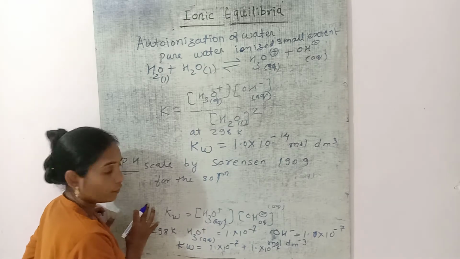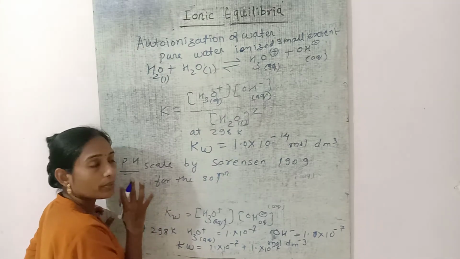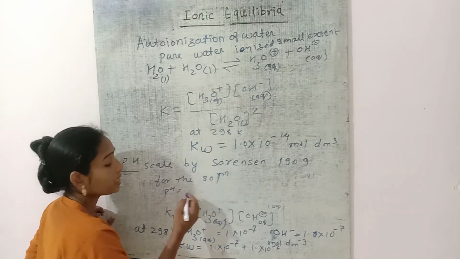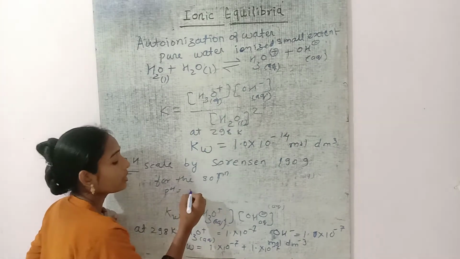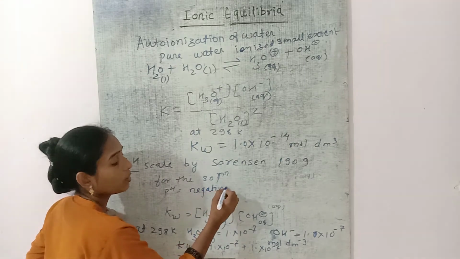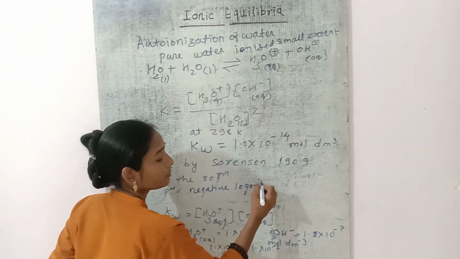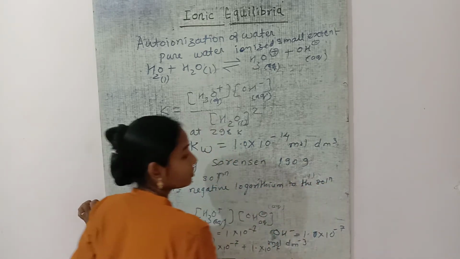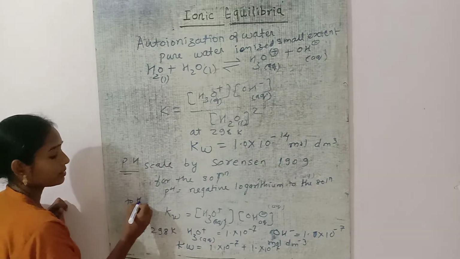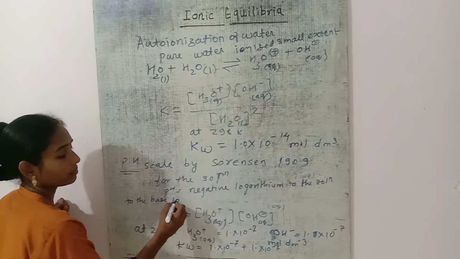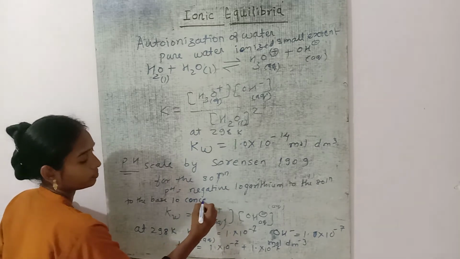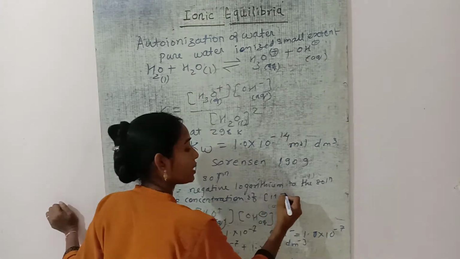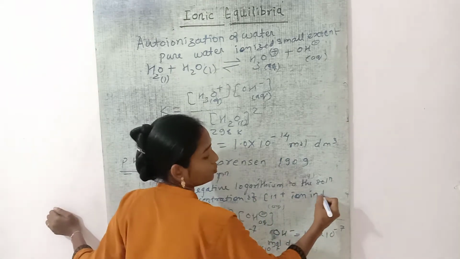We put the concept of the pH of a solution. What is the pH? The pH of a solution is defined as the negative logarithm to the base 10 of the concentration of H plus ions in the solution.